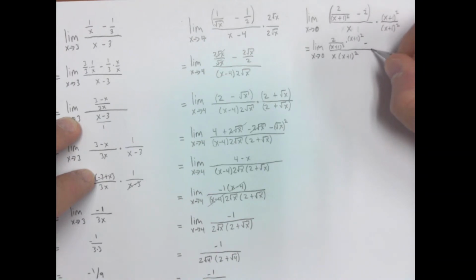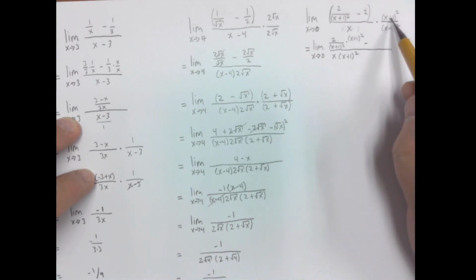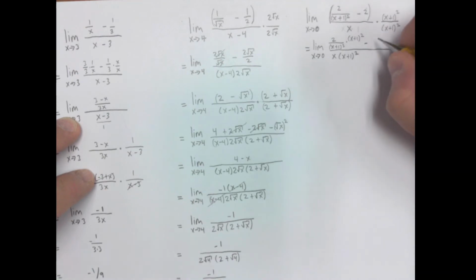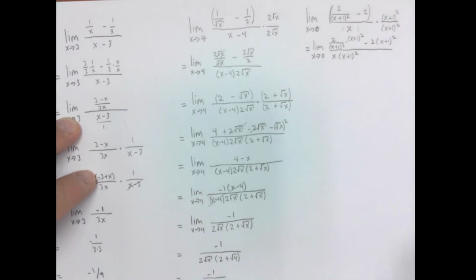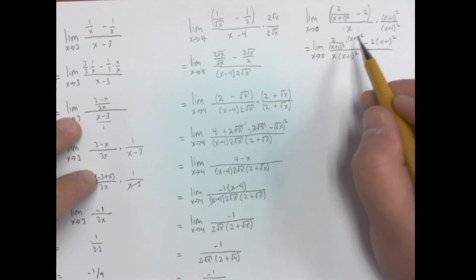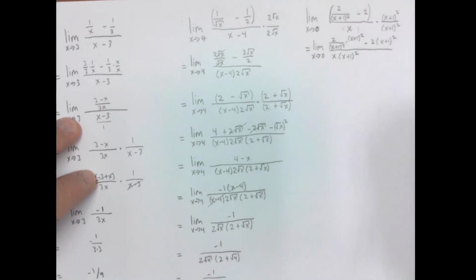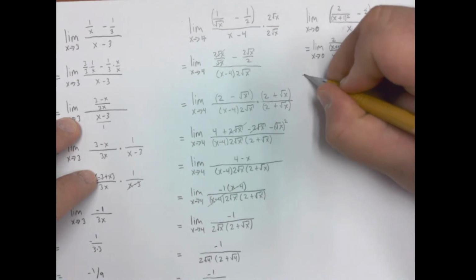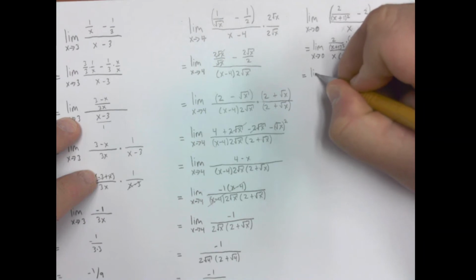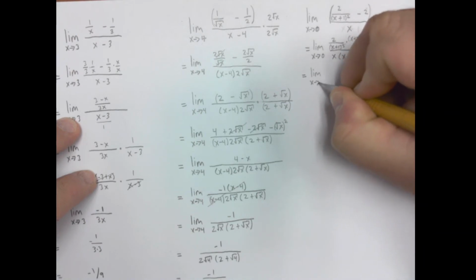Minus, so I should have had a larger fraction here, minus, and then we have x plus 1 squared times 2. So 2 times x plus 1 squared. Now, notice, cancel, cancel, which eliminates the fractions in the numerator. So now we have the limit as x approaches 0.